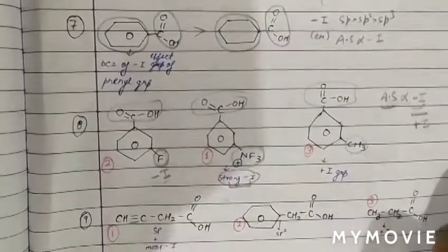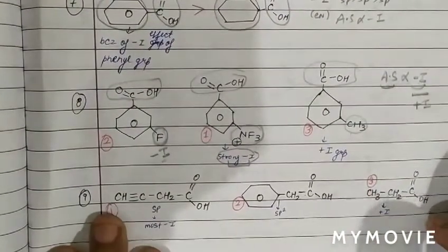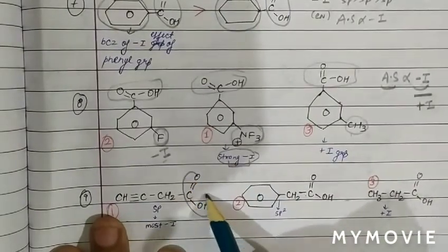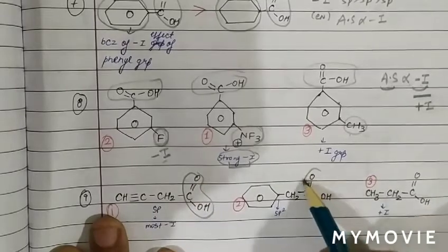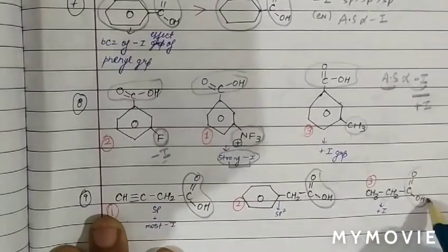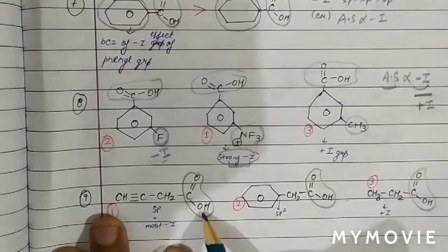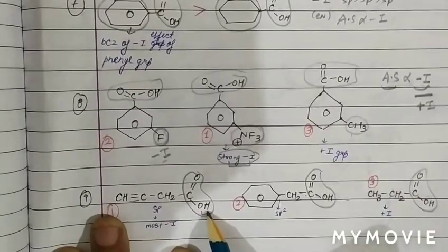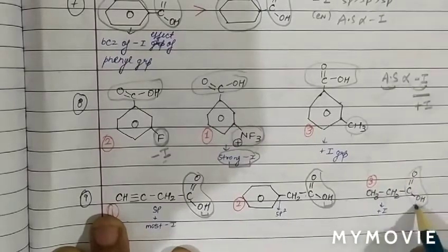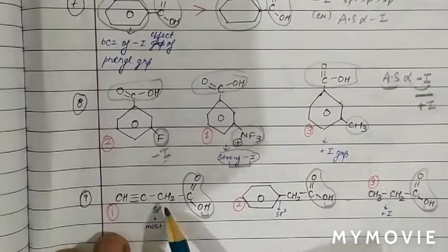Now see the next question. There is again a carboxylic group. Here also it is a carboxylic group, and here also a carboxylic group. So the acidic hydrogen is present in the carboxylic group. Now see the groups attached.